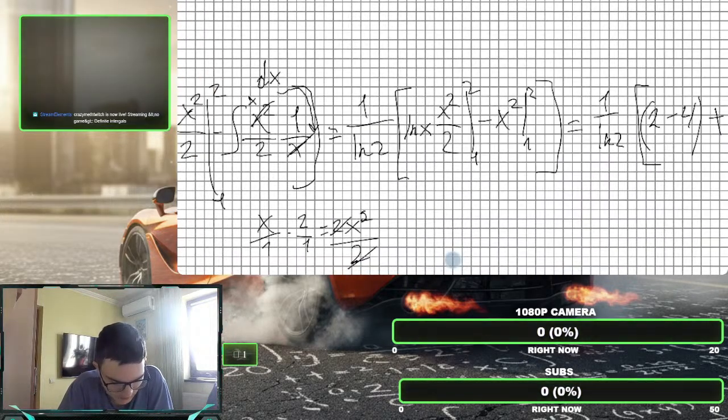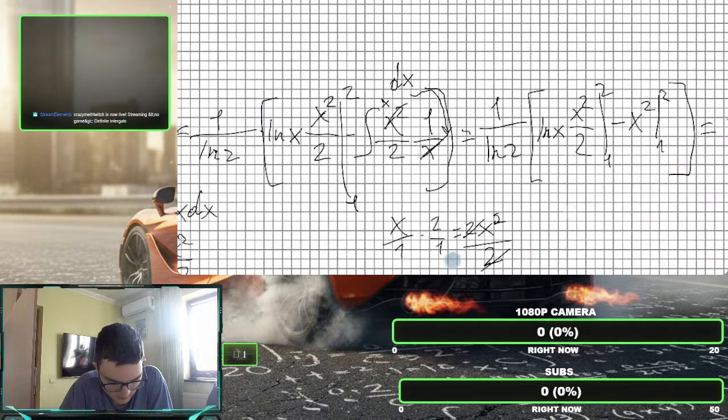Going back here, and essentially it's trying to integrate x ln x by parts. So ln x, dv equals x dx, and I would have had this minus this, yeah, right.